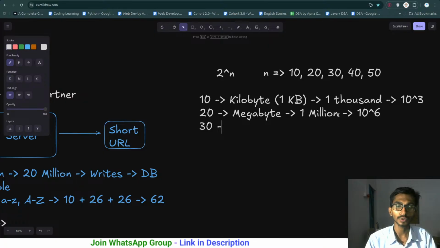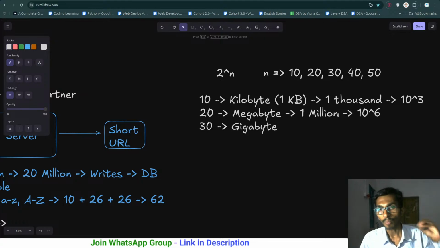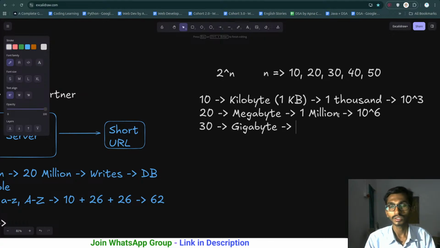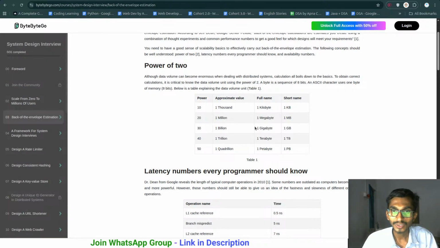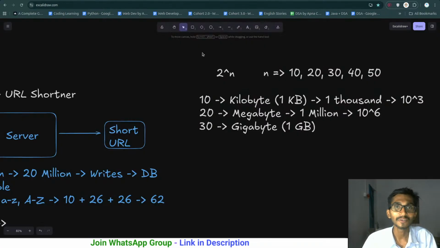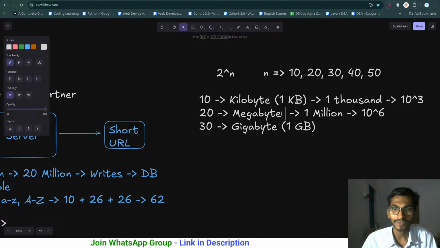Then we have 2 to the power 30, that is called gigabyte, if I'm not wrong. So how many bytes does 1 gigabyte have? It is called 1 GB. Let me have a look here. I have to make sure that I'm writing things the right way.